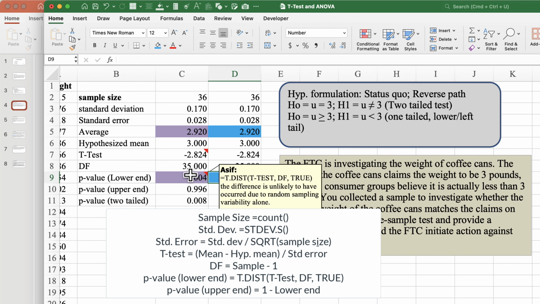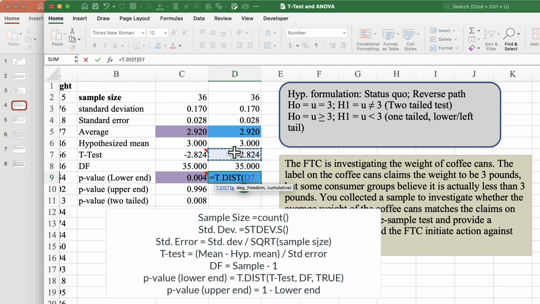The next one is p-value. For p-value, we'll be using this formula, which means t distribution, and then the t-test value, and then degree of freedom, and then cumulative true. So this is the t-test value. This pop-up suggests that the next thing is degree of freedom, which is 35, and then it says cumulative. Yes, so I will write here true.